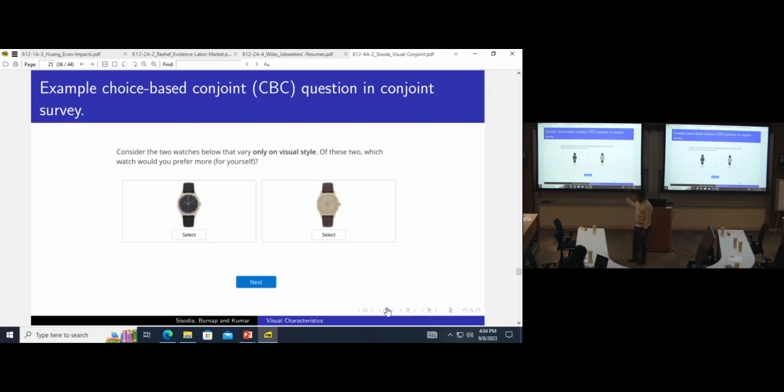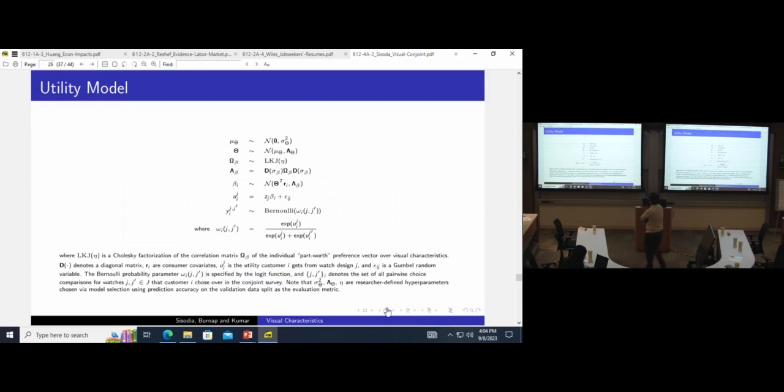We then asked respondents to tell us which watch they want. We also collected demographics, things like age, gender, etc. And then we applied a utility model to understand consumer preferences on these visual characteristics, and also to understand whether different demographics have different preferences on these visual characteristics.